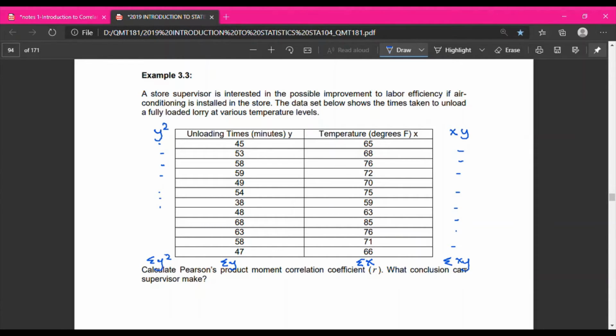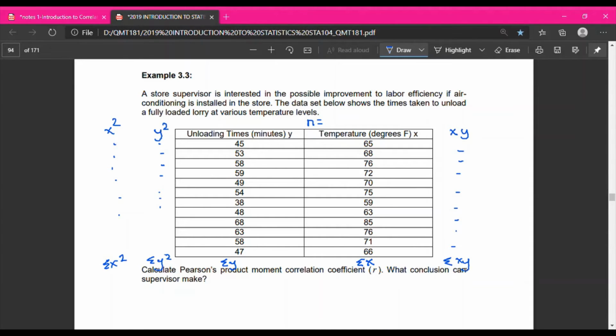Same with x square, you need to square all the values of x here, each of the values of x. Then you put them in the column here, the column of x square. Then total of this column, you will get summation of x square. Okay, and then we also need the value of n, which is the number of observations or sample size.